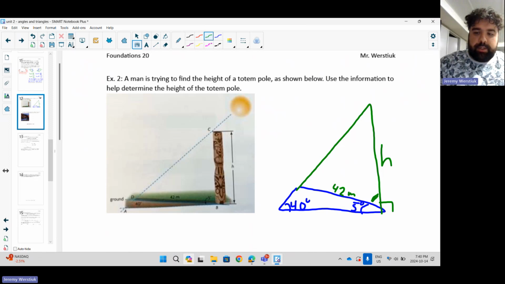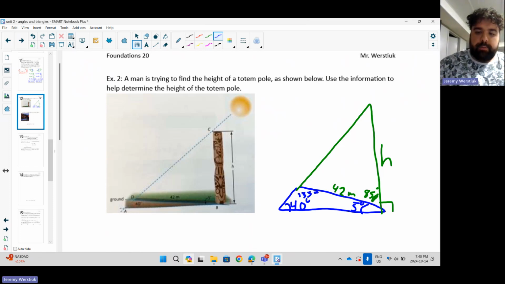So that means this one here should be 85 degrees. What else do I see here before I even get started? I see this blue triangle in the bottom. I've got a 40-degree angle. I've got a 5-degree angle. So I can go 180 minus 40 minus 5 gives me 135 degrees.